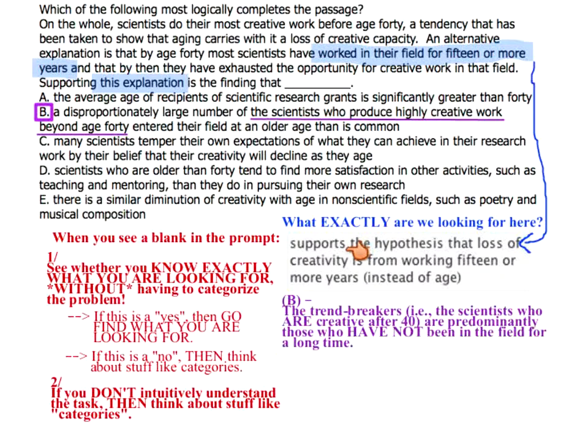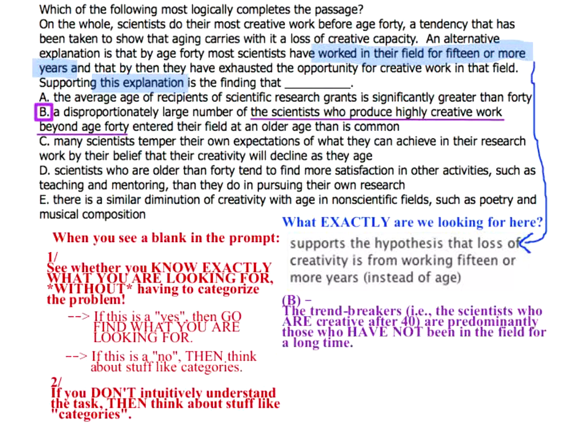Meaning, whenever you want additional support for anything, it by definition will come from outside the current available evidence. That's the whole point. If we stayed in the box here, so to speak, then we could not support or unsupport. So Maria, I just answered that question out loud, but if you had to, you could call this a strengthening question. But you don't have to. That's really my main point of this whole session, that you do not have to do that. But if you were confused enough to justify doing that, this would be a strengthening question.